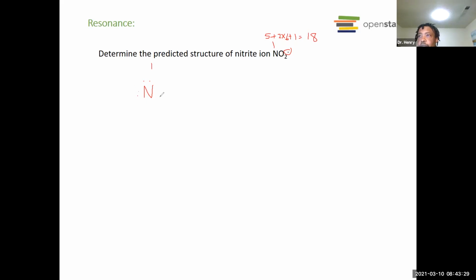So we have nitrogen in the middle. And then we have that additional electron, so we're just going to throw that one on that nitrogen. So that's a total of 6 right now. We have oxygen, which has 6 electrons. Let me get a bigger, thicker pen.